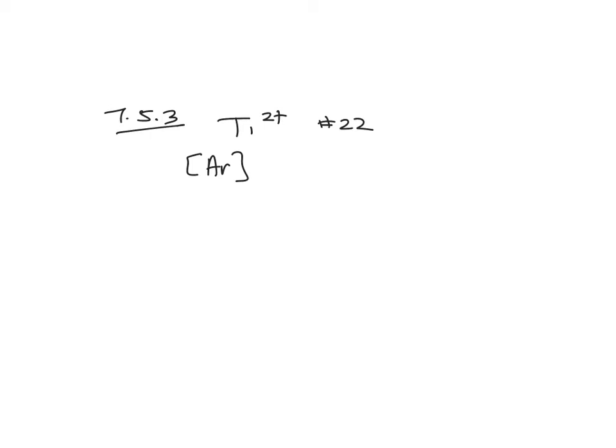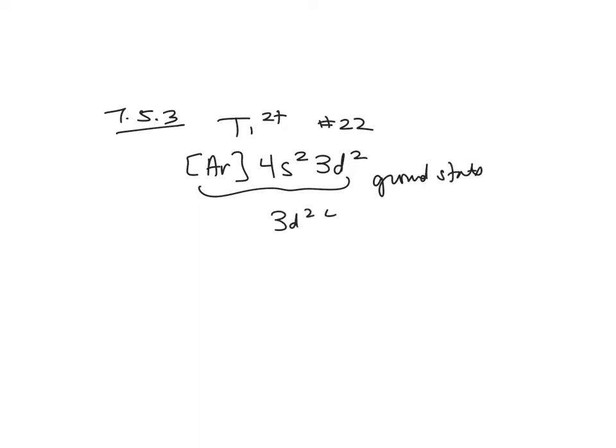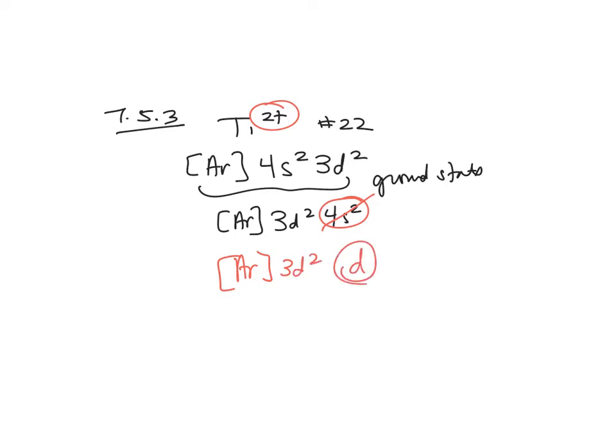And then we come down to 4s2, and then we have 3d2 as our ground state. And your book does this 3d2, 4s2 for its ground state, which means when you take the 2 electrons away, you take them from here. And so argon 3d2 is the answer, and that's D.